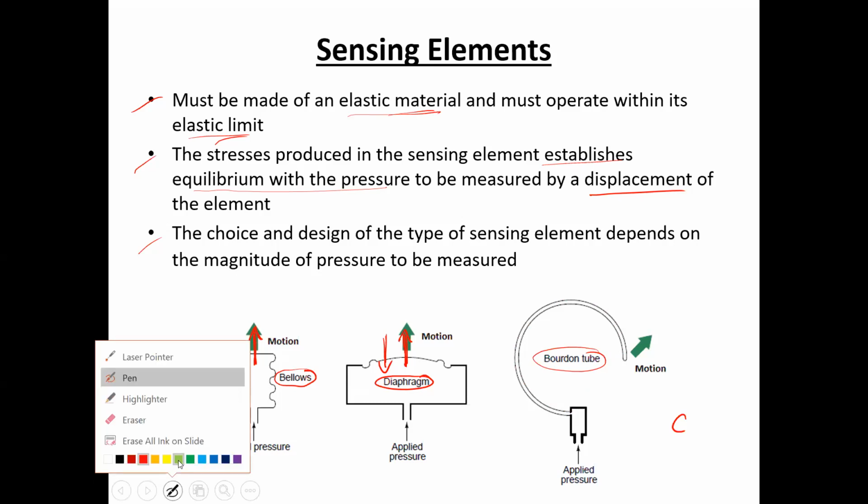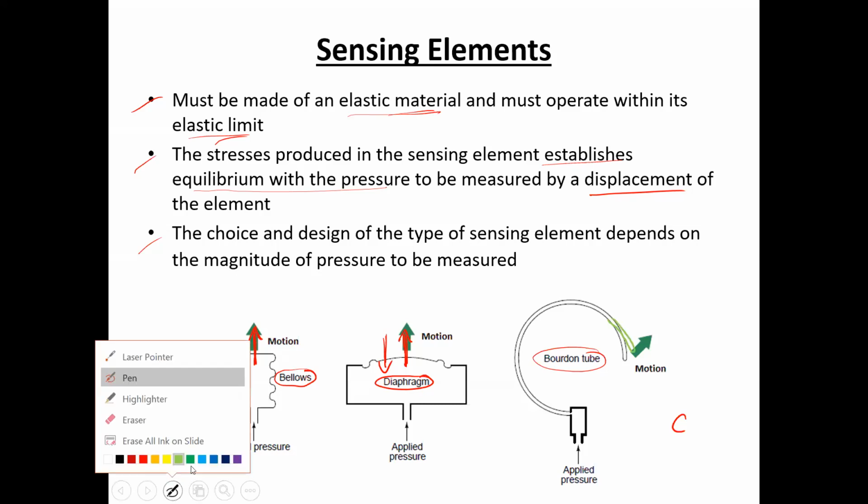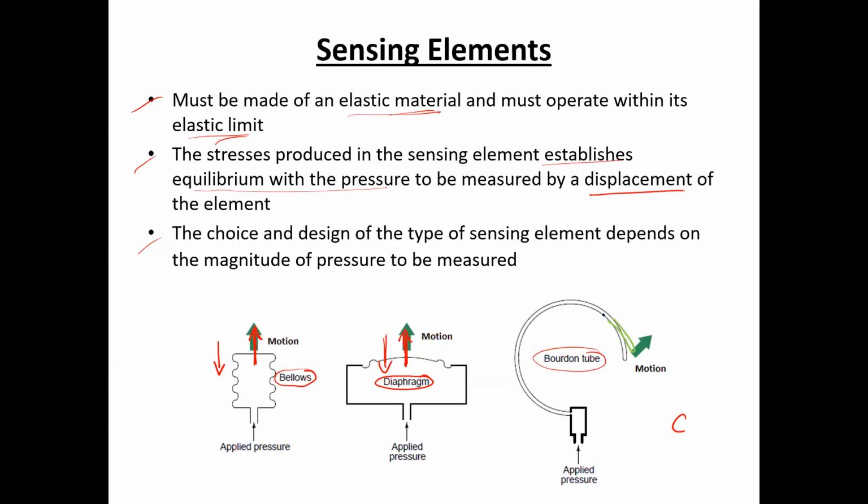That will cause the curved shape to deform or straighten a little bit from its initial position. The more the pressure, the more it will try to straighten, so a motion can be there in the direction indicated over here. The more pressure there is, the more the shape of the Bourdon tube will deform.